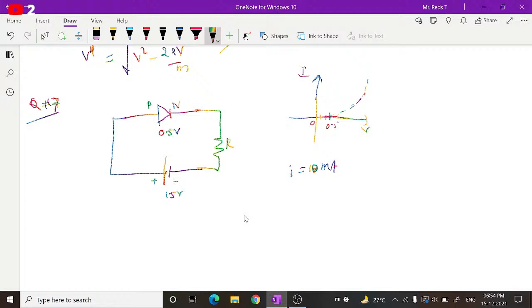If we want to use a 1.5 volt battery to forward bias the diode, the resistor used in series with the diode so that the maximum current does not exceed 5 milliamps is.